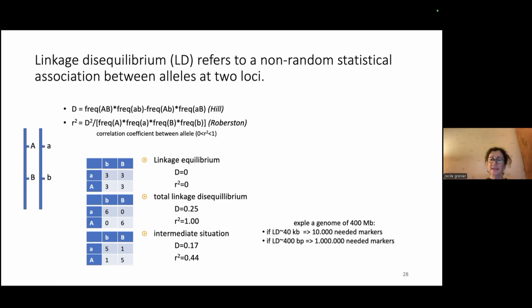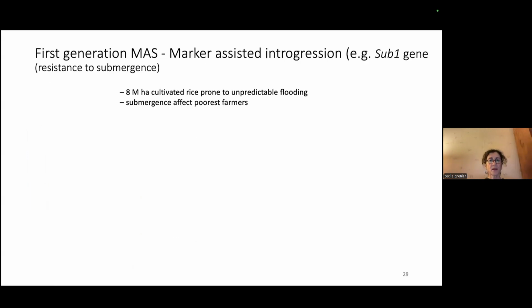If you have very tiny linkage disequilibrium, for example 400 base pairs, you will require many molecular markers to really pinpoint the diversity at the genome level, because of recombination. So that was a small aside to make sure the concept of linkage disequilibrium is understood, because this is what makes the first generation of marker-assisted selection possible.